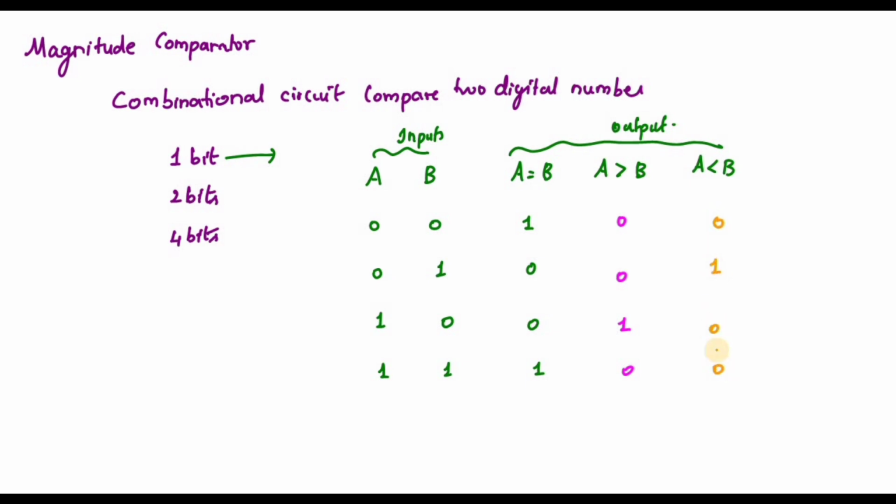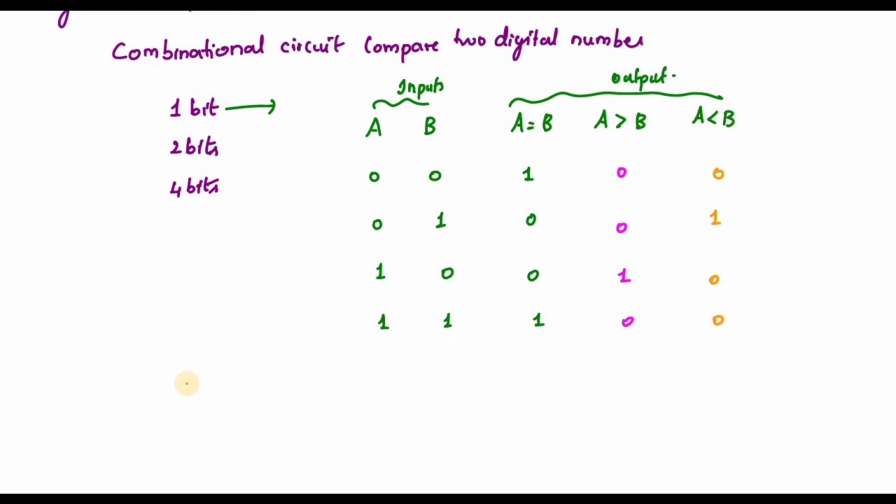So how to write A greater than B? Let me take this one as F2, this one as F1, and this is F3.